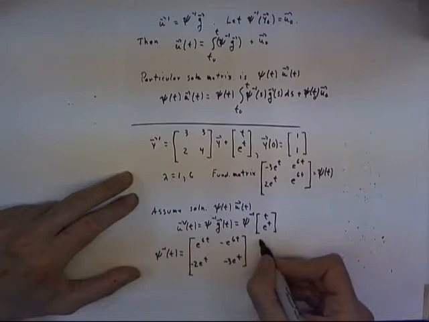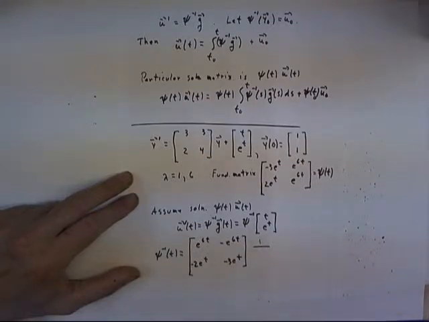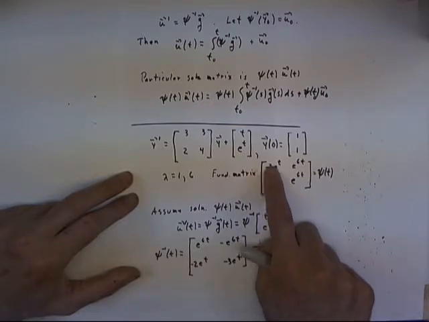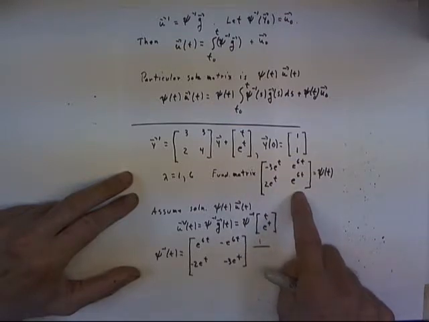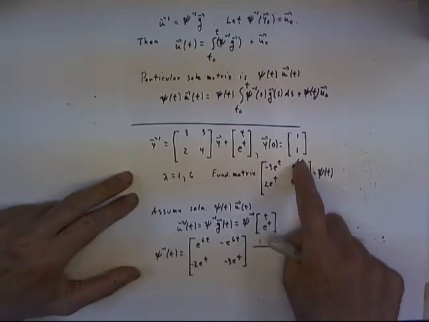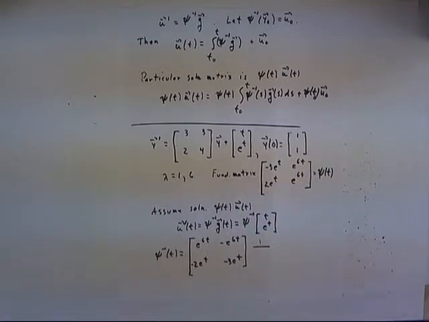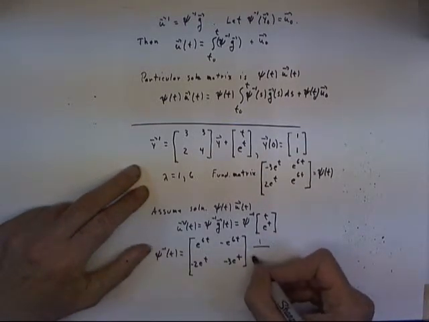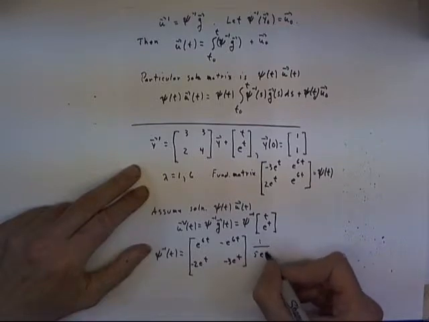The determinant, we're going to get e to the 7t either way. We get negative 3 here, and another negative 2 here. Calculating the determinant, we get 1 over negative 5 e to the 7t.